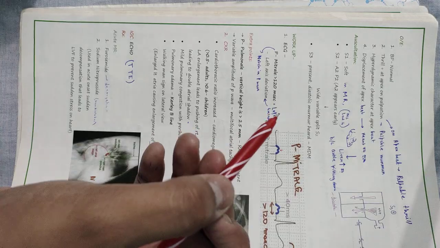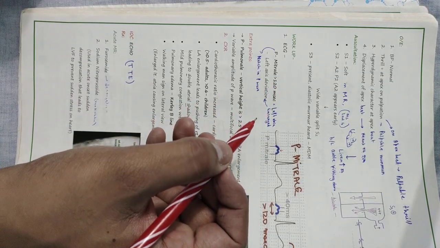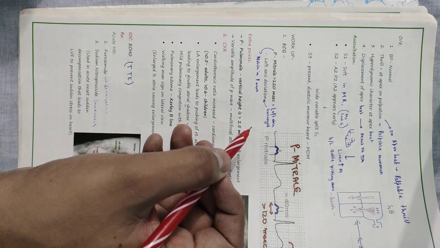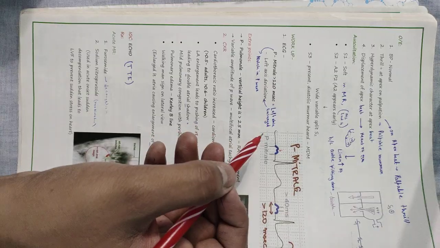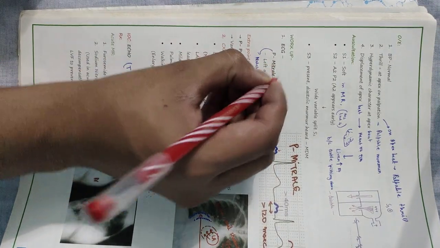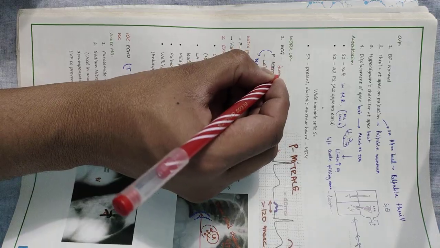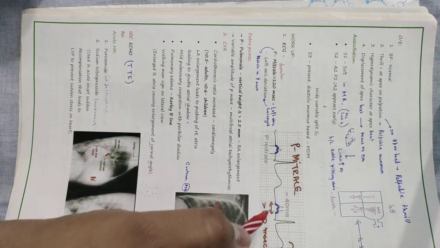What does it mean? P pulmonale notch is present and the vertical height is increased. Duration of the P wave is more than 120 milliseconds. It means simply duration.